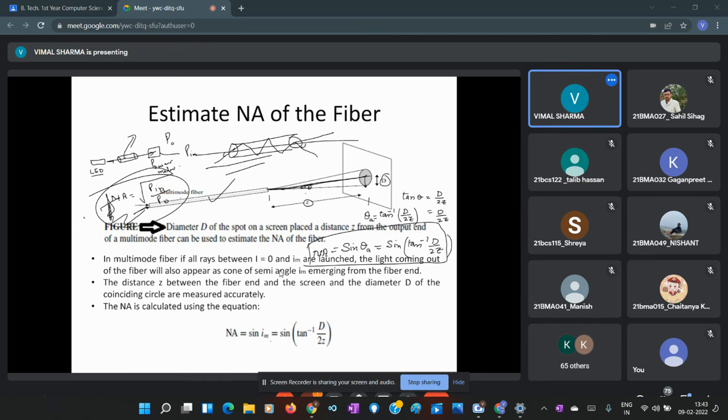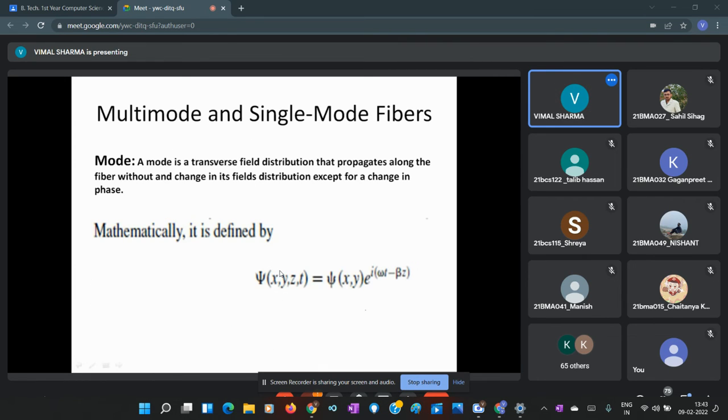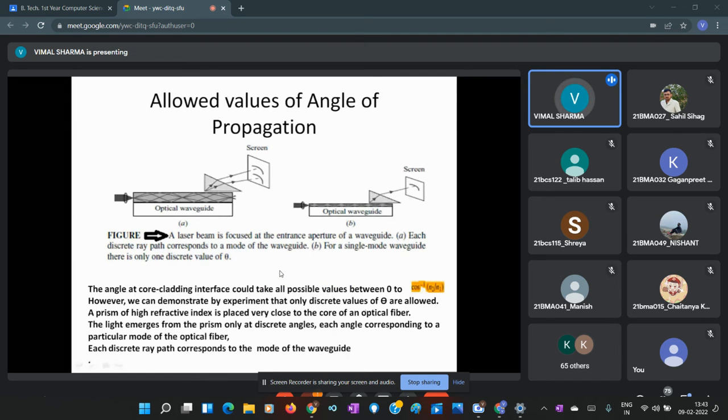This is sine of theta A, the acceptance angle. This is tan inverse d divided by 2z. So that means the angle of acceptance is this. Then we have allowed values of angle of propagation, as I just said, which allowed values there are for the angle of propagation with the axis of the optical fiber or at the core cladding interface.